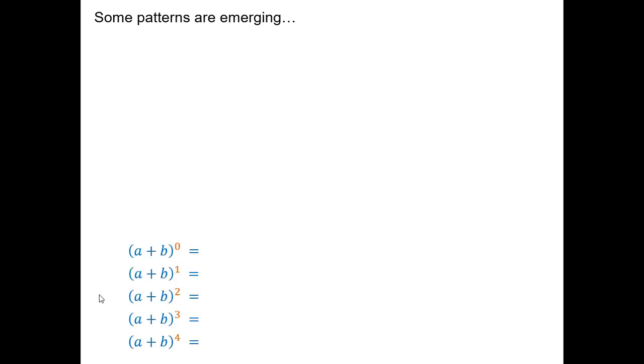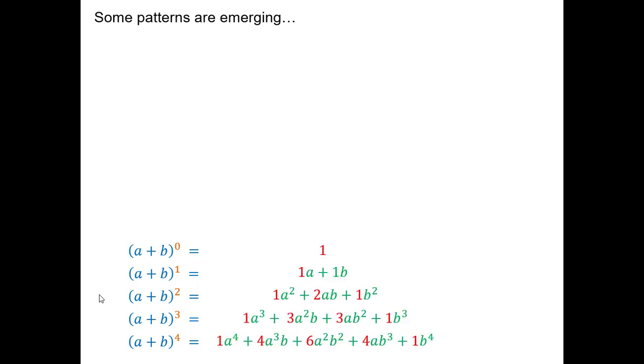Let's go ahead and take a look at a few of the patterns that are starting to emerge here. If we take a look at the results that we got from the expansions, we ended up getting these quantities right here. A couple of things to notice: every time we multiply by one more exponent, we end up getting one more term.